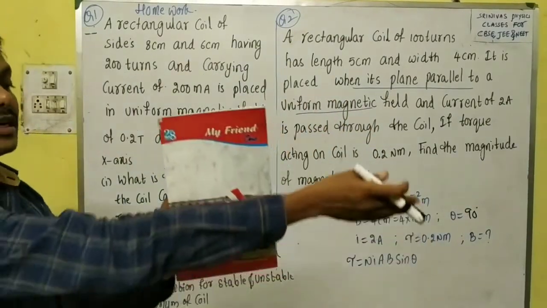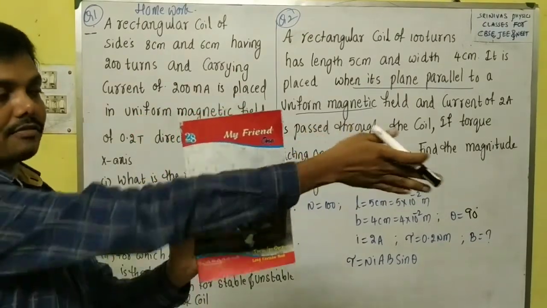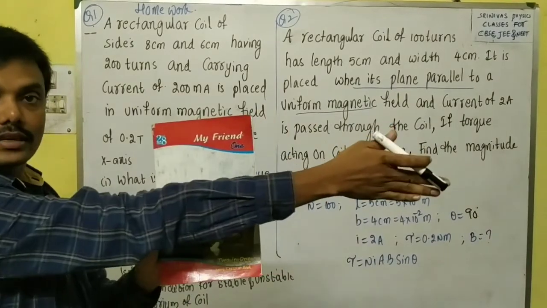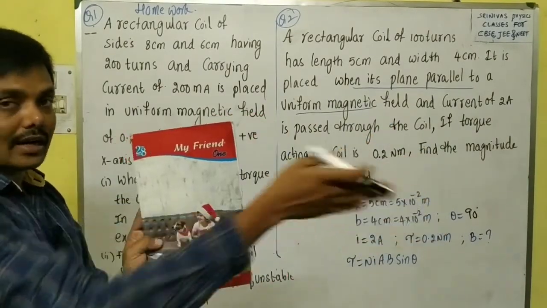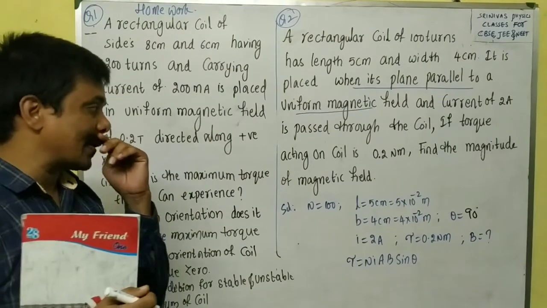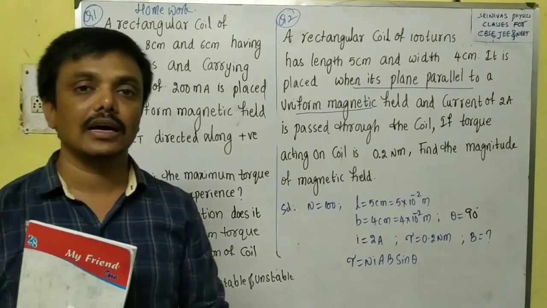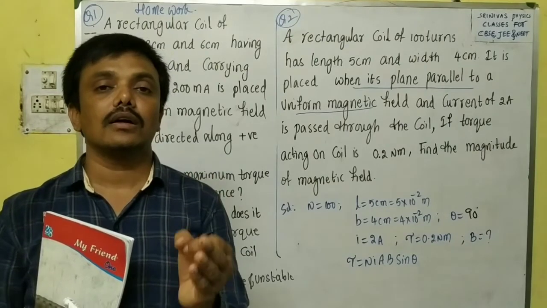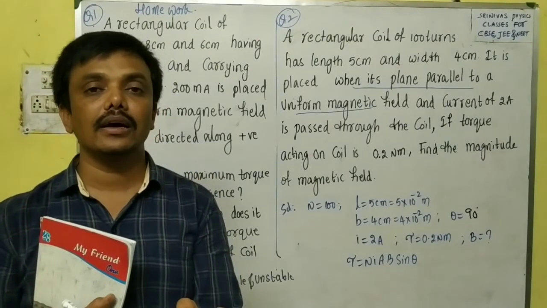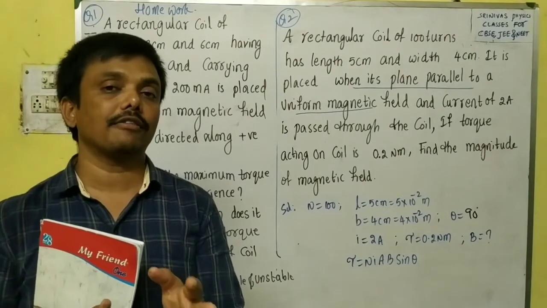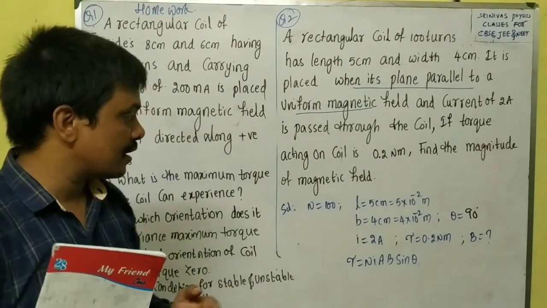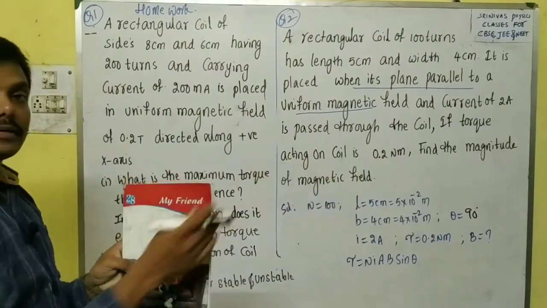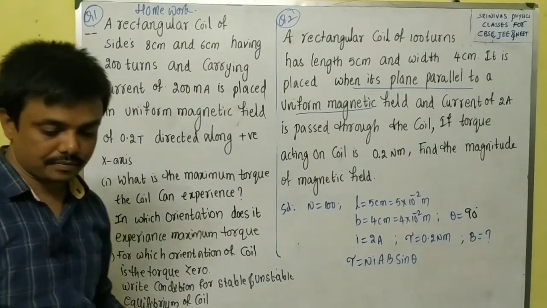If the plane and field are parallel, we cannot take the angle as 0, because in the torque formula NIAB sin theta, theta means the angle between the normal to the plane of the coil and the magnetic field.